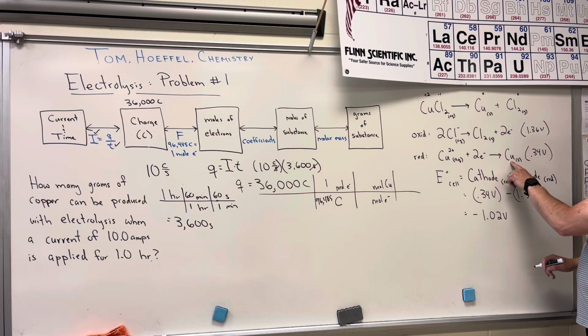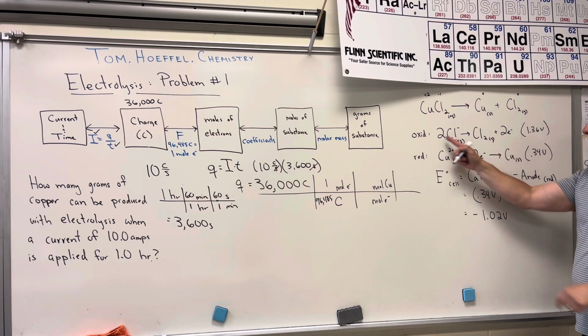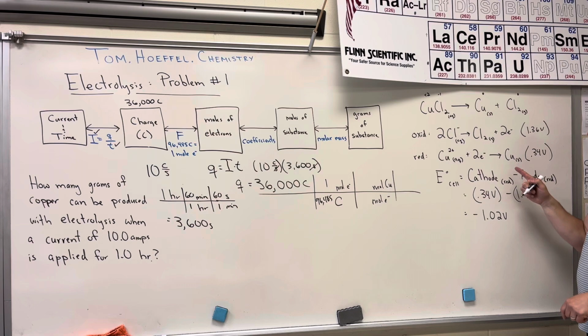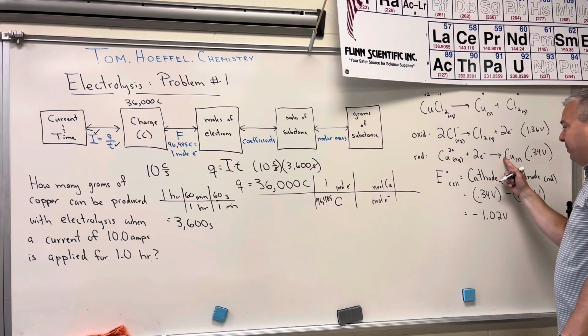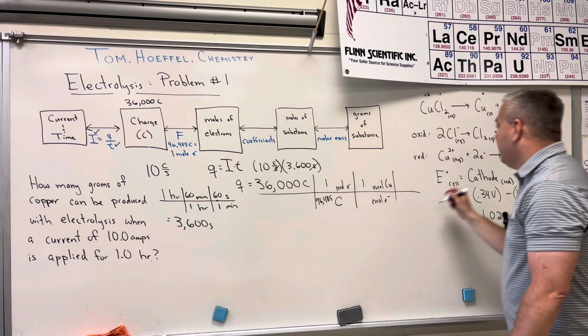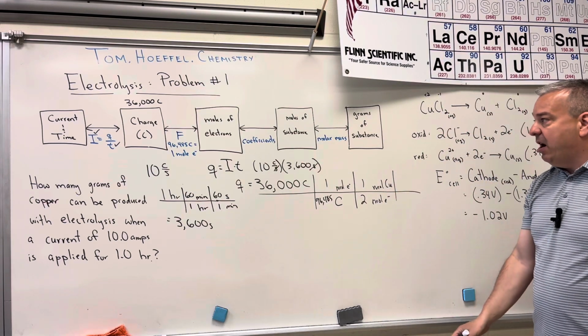Right here's my moles of copper, which is 1, and here's my moles of electrons, which is 2. So I'm using the coefficients in this reduction half reaction to go from moles of electrons to moles of copper. Copper has a coefficient of 1, the electrons have a coefficient of 2. It's a 1 to 2 ratio.